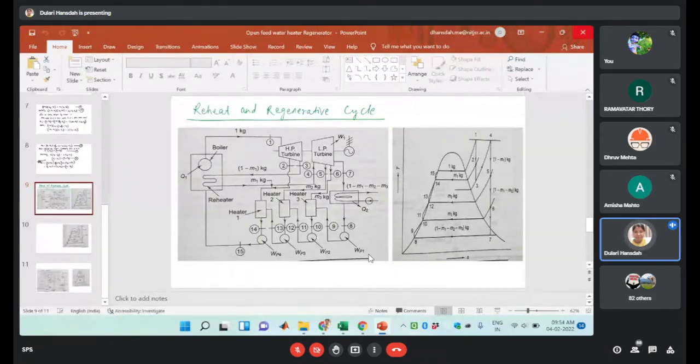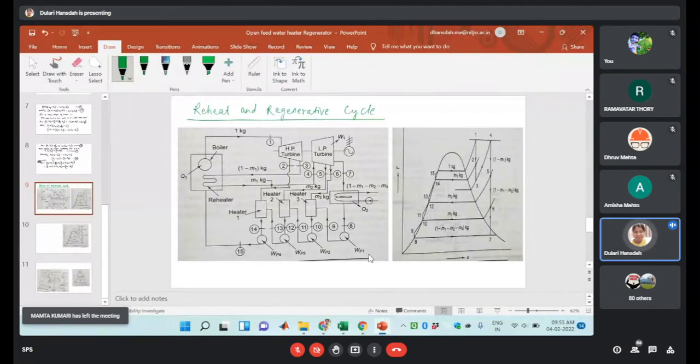Okay. If I explain this schematic diagram, you can see it is the boiler. From the boiler, let us consider 1 kg of steam. That 1 kg of steam enters the high pressure turbine. The expansion will be done up to the pressure at point 3.